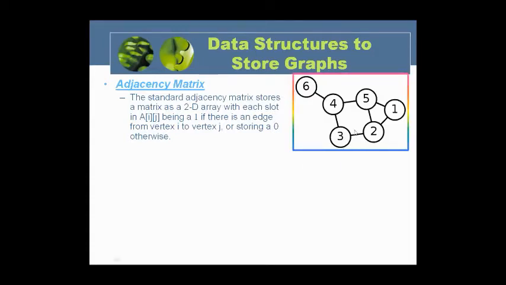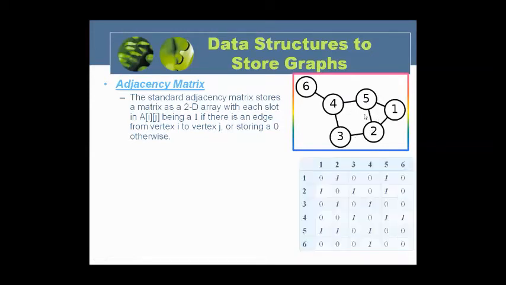So this is the graph. We have an example of vertices 1, 2, 3, 4, 5, and 6. If you will notice, for vertex 1, 1 we have 0, 1, 2 we have 1, 2, 3 we have 1, and so on.